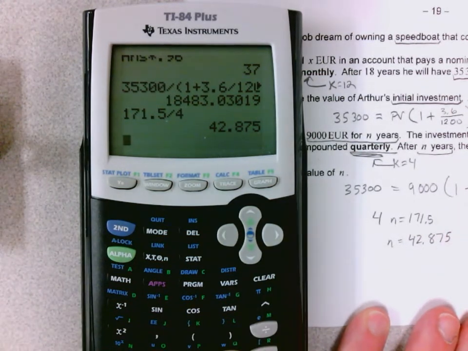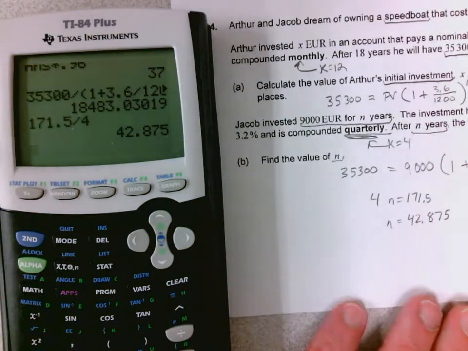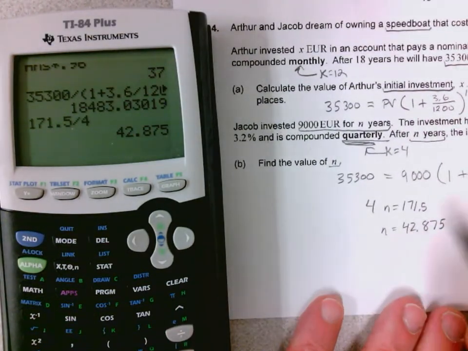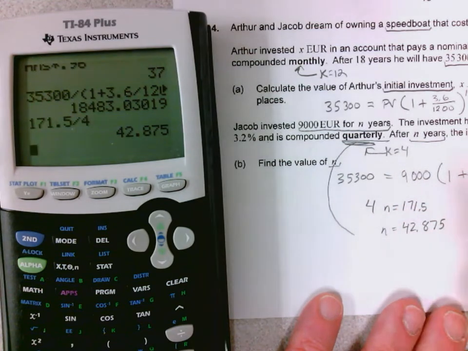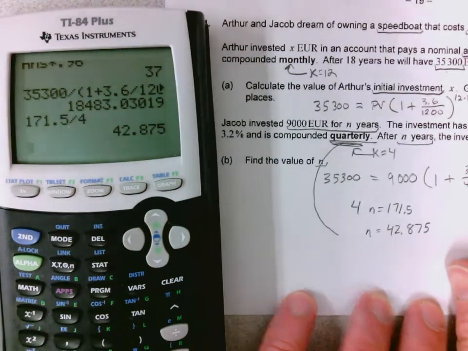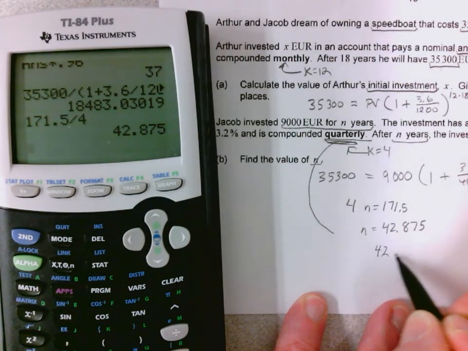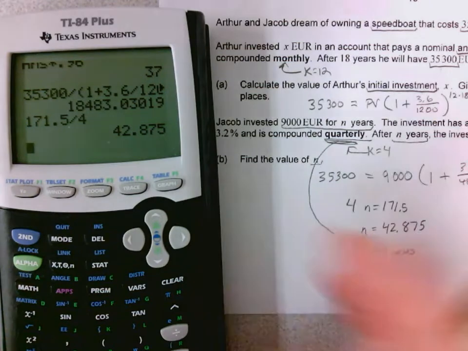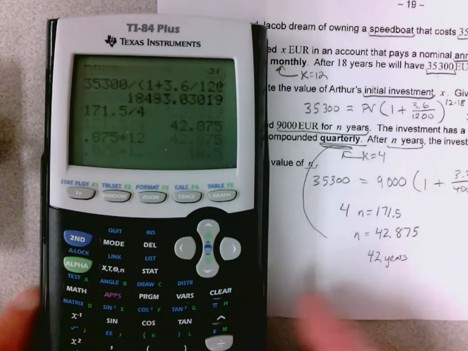So the question is find the value of N. It doesn't say put it in years, but what I've got to think about is quarterly. So every 3 months this thing is reinvested or refigured interest-wise. So it's 42 years. And if you want to convert this into months, you take the 0.875 times 12 and you get the number of months, 10.5 months.